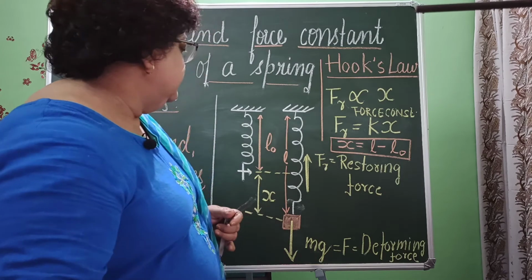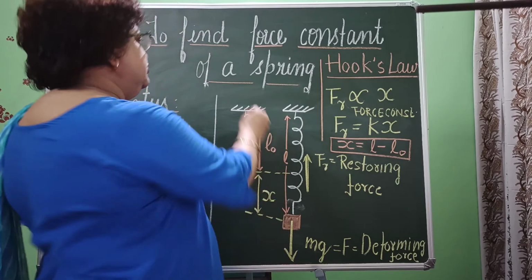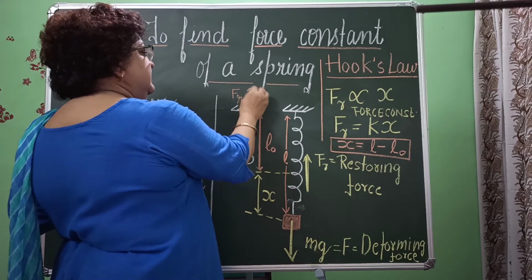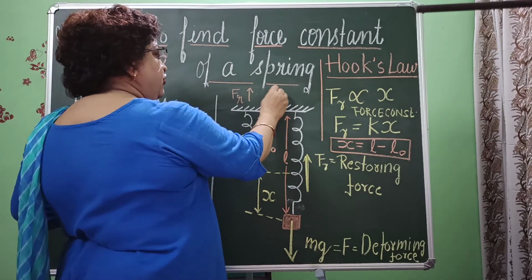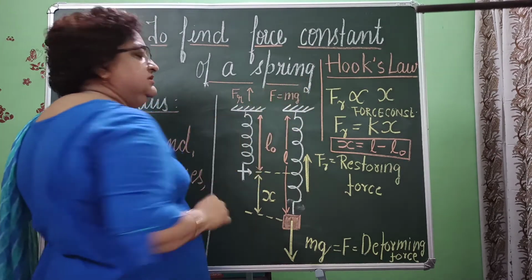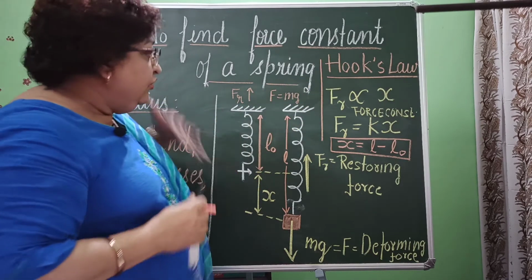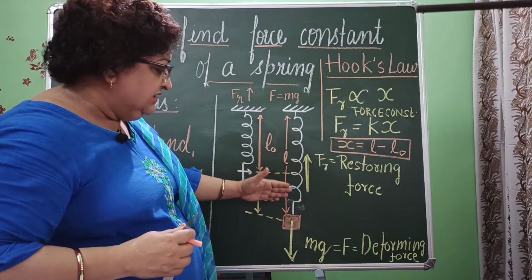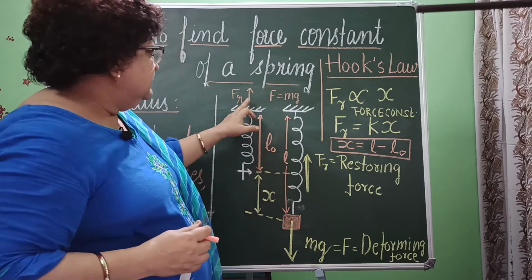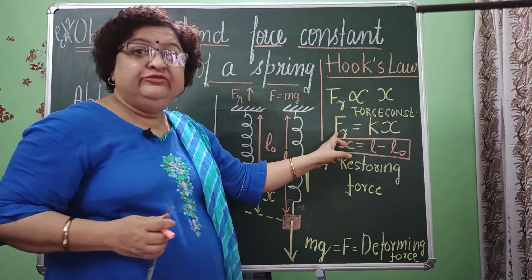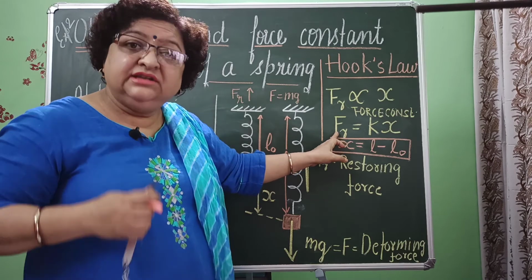Understand this point. This restoring force is increasing, but the force, that is mg, is a constant. So of course, as the spring gets elongated more and more, this x is increasing, so the restoring force is also increasing.